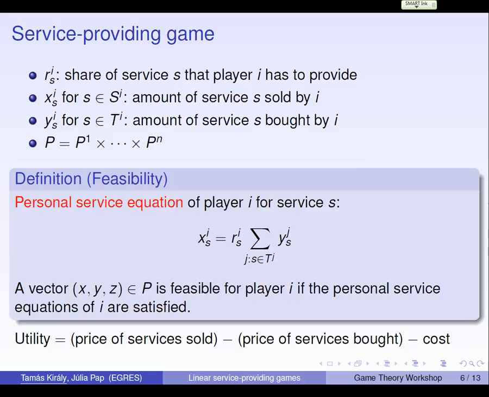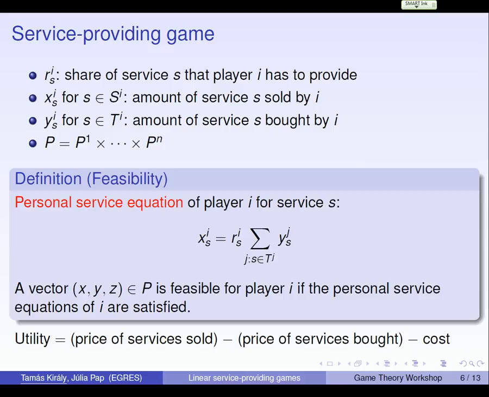And so here is the interaction. The personal service equation of player I for service S is this linear equation. It means that the amount of service that player I sells is actually L_IS times the total amount of the service bought by the other players. So this is the only point where there is an interaction between the players.